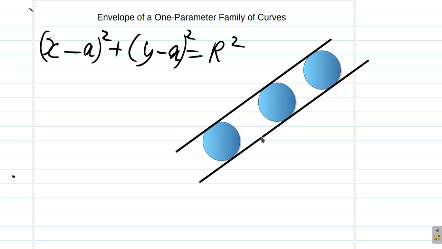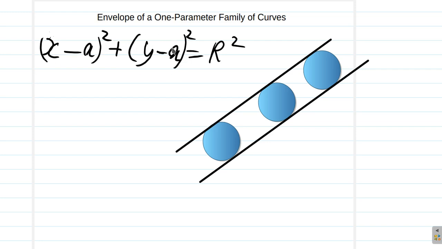Let us find the envelope of the one parameter family of curves for this function here. Erase these things here from before. For this function, should look familiar. This is the general equation of a circle. x minus a squared plus y minus a squared.